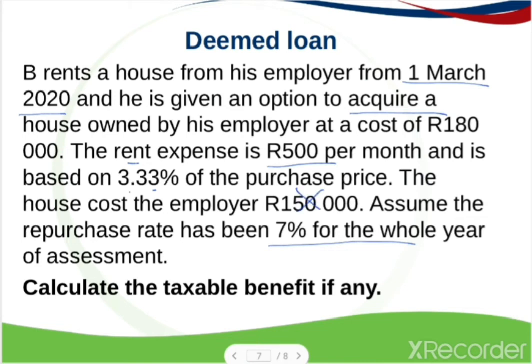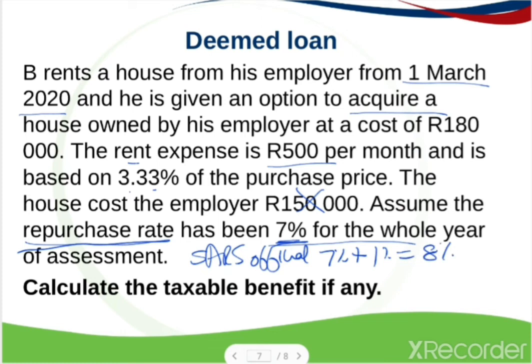The fact that they told you how much the employer paid for the house is not actually relevant for purposes of working this out. And you'll notice that in this question, we've given you a repurchase rate. So you would use that, ignore what the actual repo rate is, and work with what is given in the question. So to work out the SARS official rate here, you would take the 7% plus the 1%, and your SARS official rate would be 8%.